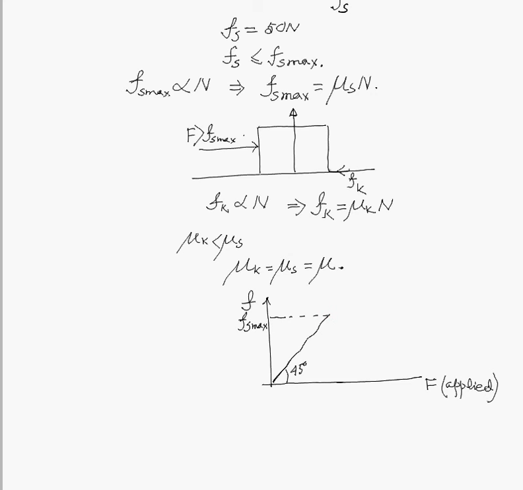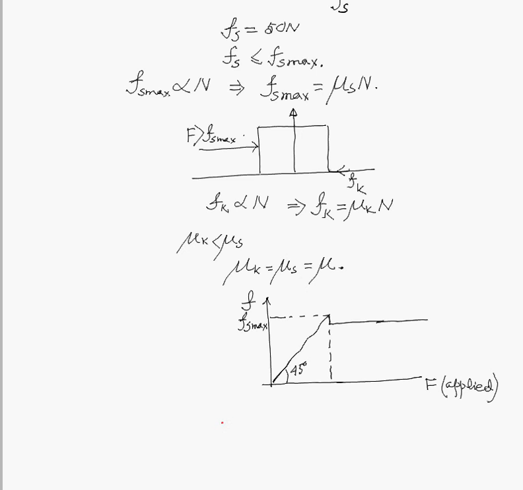And thereafter, if the force is increased, now the box slides and kinetic force of friction comes into play, which is a constant force but slightly less than the maximum value of static force of friction. So there is a drop, and then the graph runs parallel to the force axis. This gives us a better idea about how the applied force and the force of friction are interrelated.